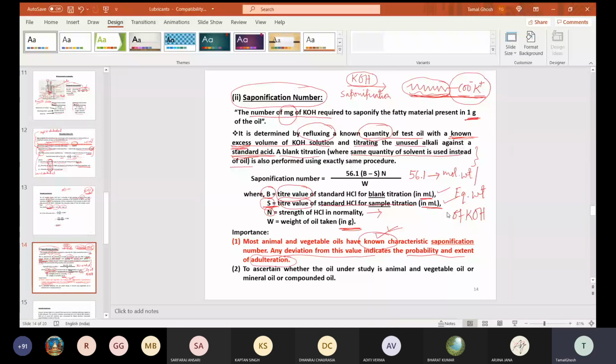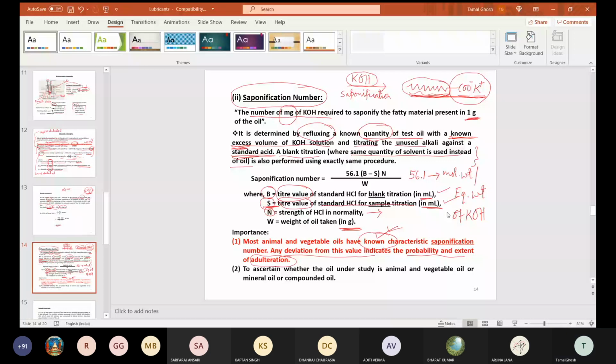If you are reading an English paper, you might see adulterated food. That means the food was mixed with some impurity or some unusual material. That is adulterated food. In the same way, this is adulterated oil.